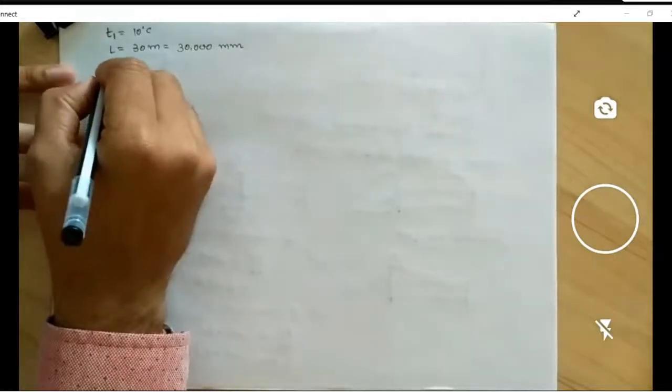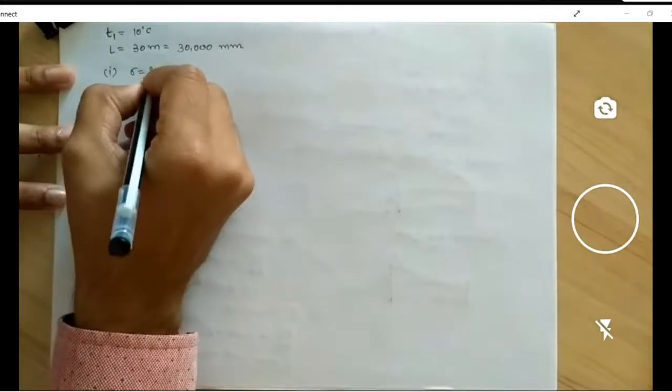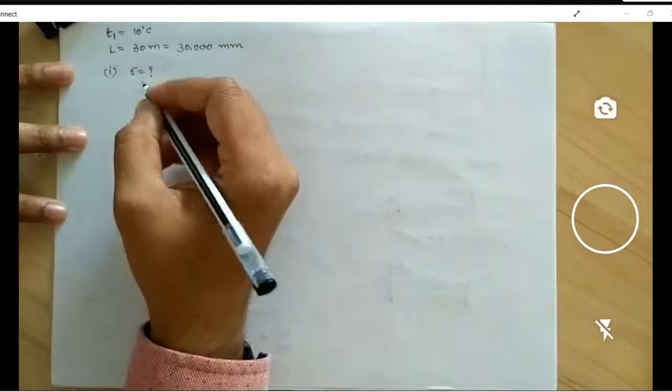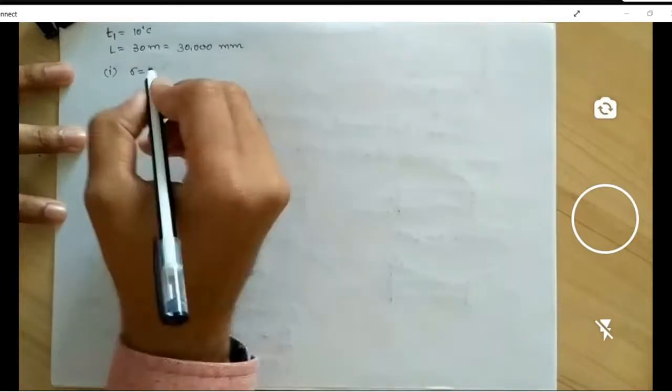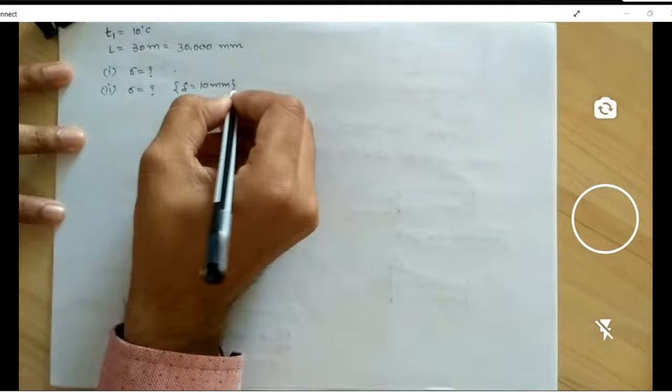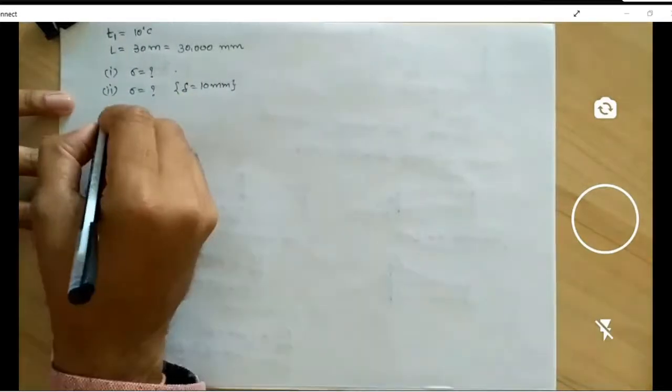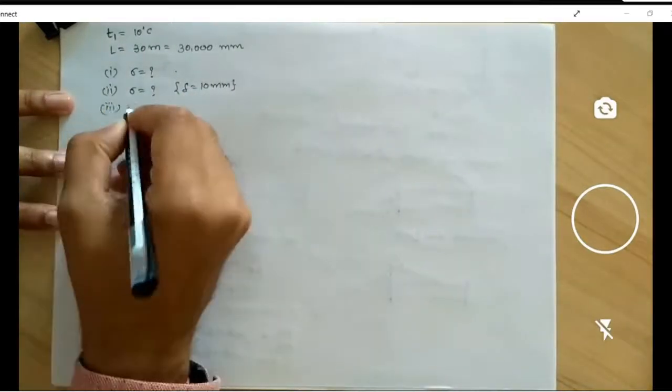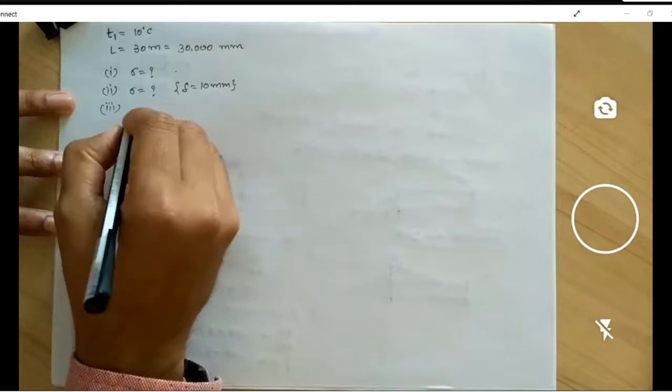In the first case, you have to find stresses for no allowance. In the second case, you also find stresses for delta is 10 mm. In the third case, the required stress is 0.